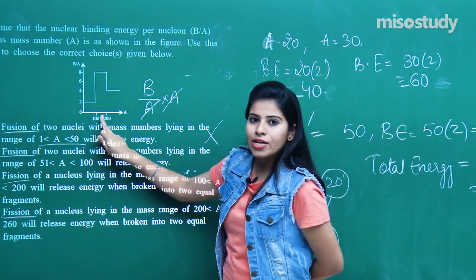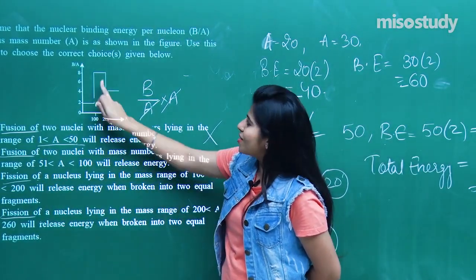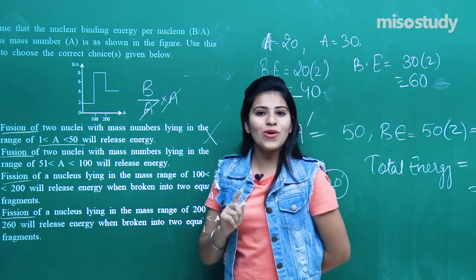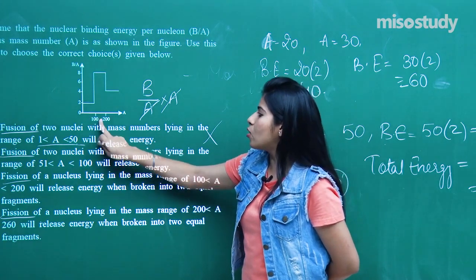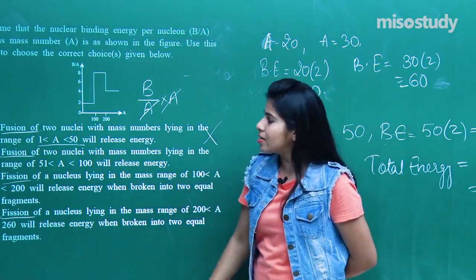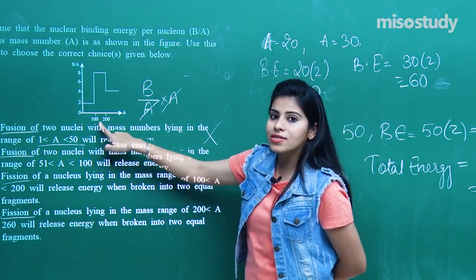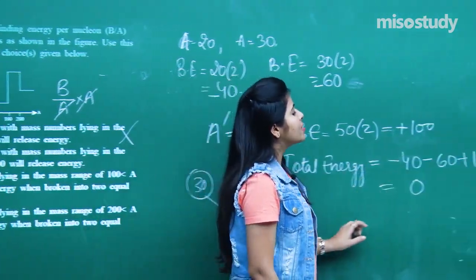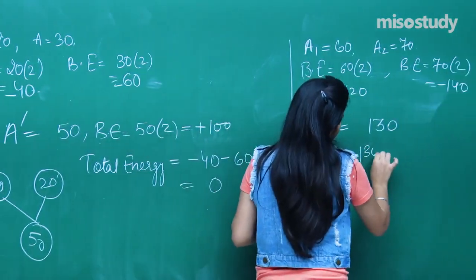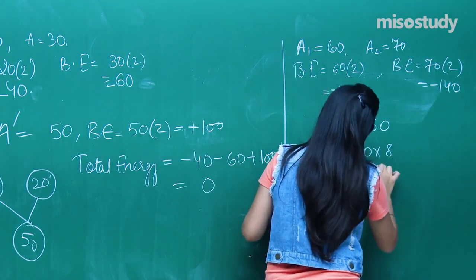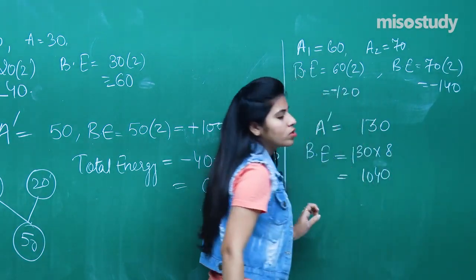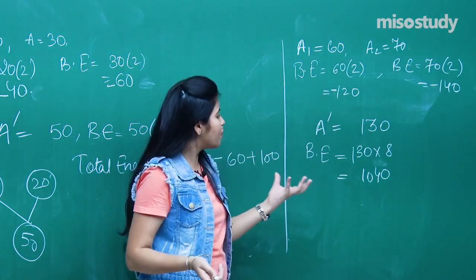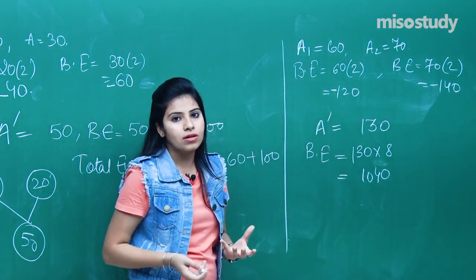For 130, your binding energy per nucleon is 8. So you have to multiply your mass number with 8. So what is the mass number? 130 times 8, that is 1040. That means quite enough energy is being released over here, right?